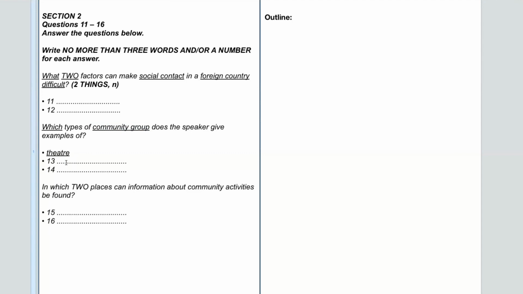Now, this is a little bit tricky even though it's helpful. Keep in mind that these answers can come in any order. So the speaker might mention theater before or after the two other community groups. We'll see if the speaker mentions theater beforehand, but we should not be 100% sure that theater will come first, because these answers can come in any order.